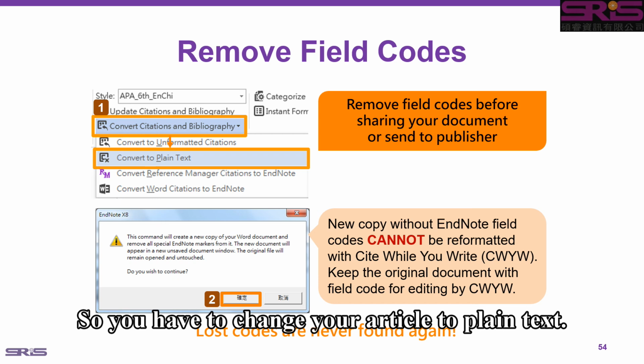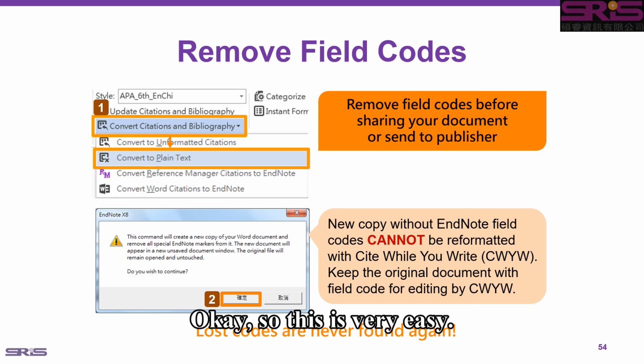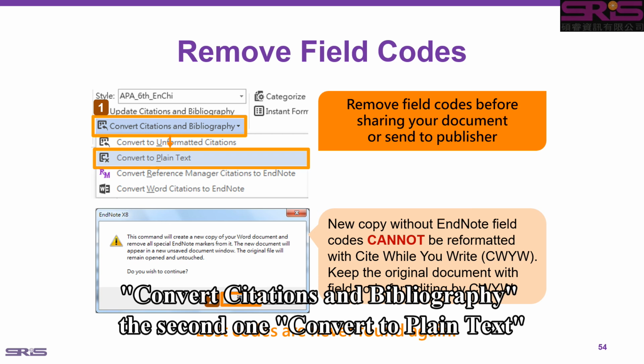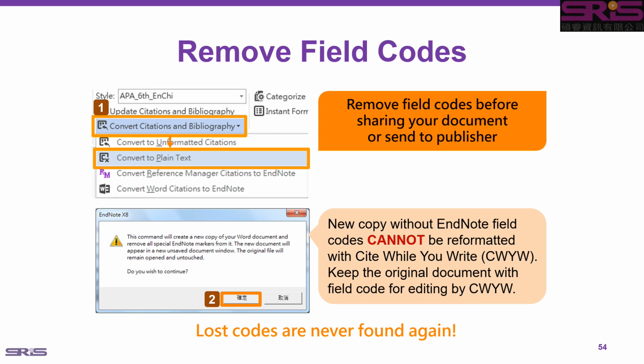So you have to change your article to plain text. Okay, this is very easy. Just go to Convert Citations and Bibliography. The second one, Convert to Plain Text.